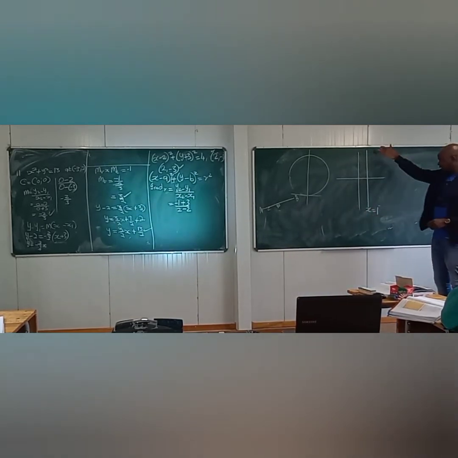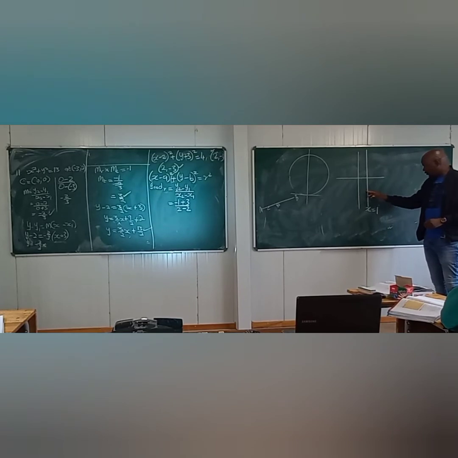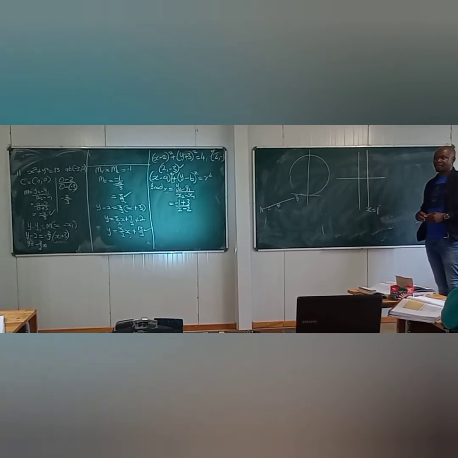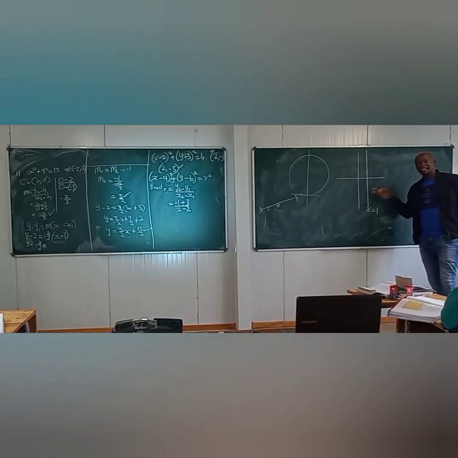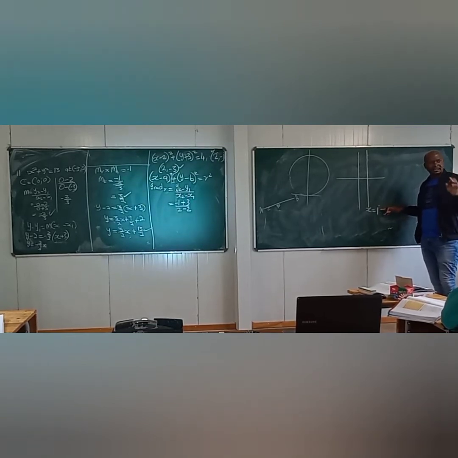Right? It's a vertical line. For every y value, x is again 1, 1, 1. So if I want to find the gradient here, x is 1 minus 1, which is 0.